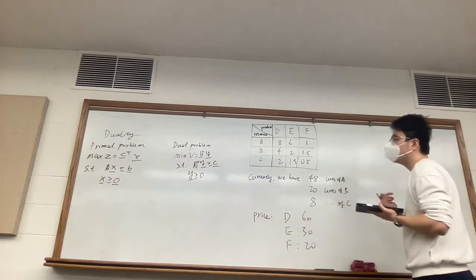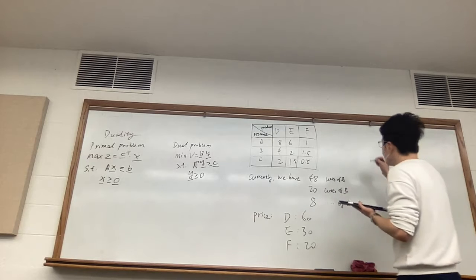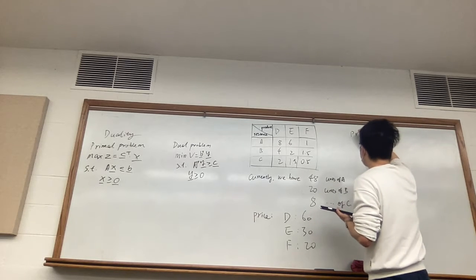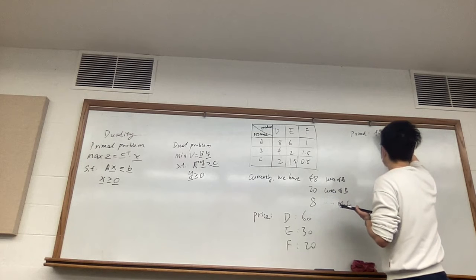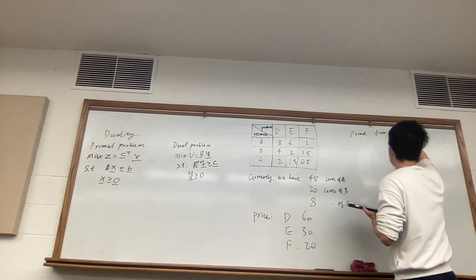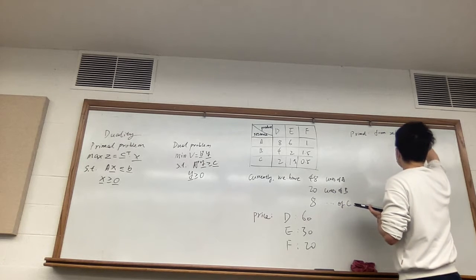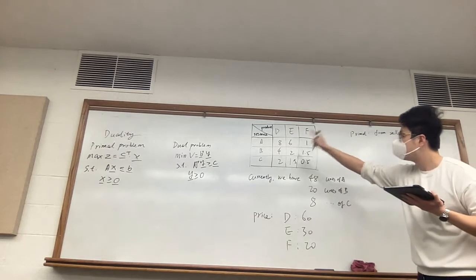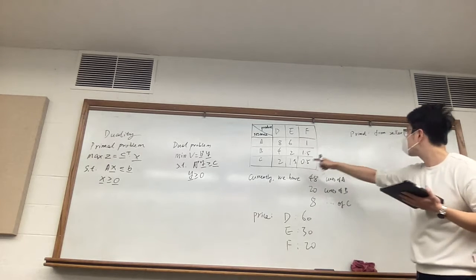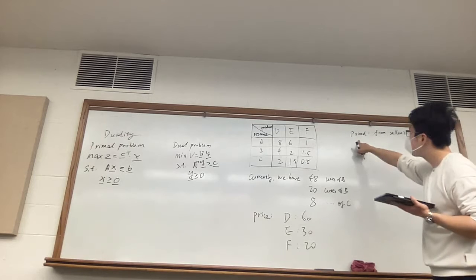When we talk about duality in this problem, I want to claim that in the primal problem, we think from the seller side. From the seller side means that suppose you are the manufacturer, you want to produce these products and sell them, so you are the seller.